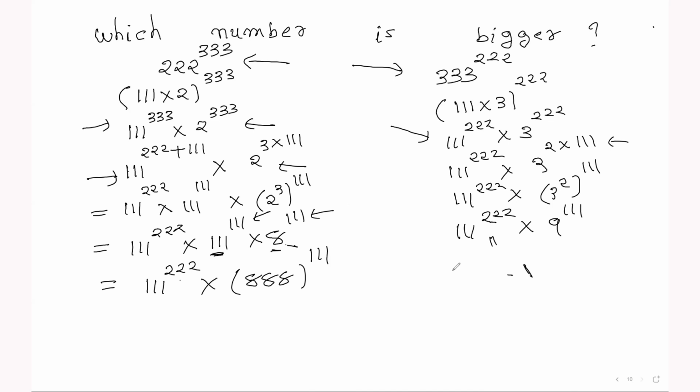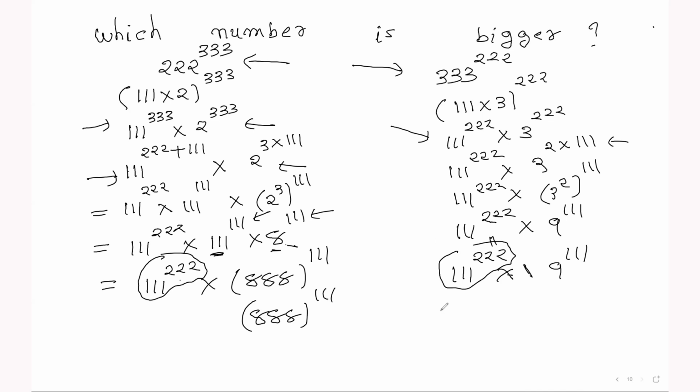And on the right hand side I have 111 power 222 and then 9 power 111. Now on both sides we can see this number is the same. So I can take this off so I can compare the rest. The leftover will be 888 power 111 and on this side 9 power 111.